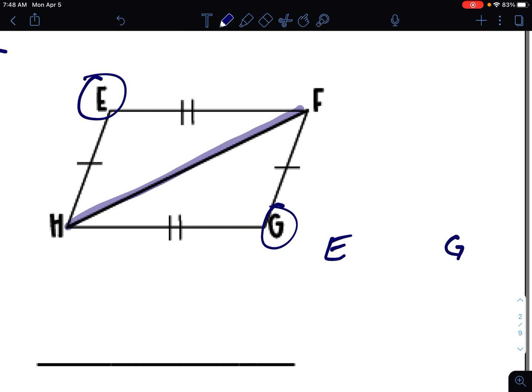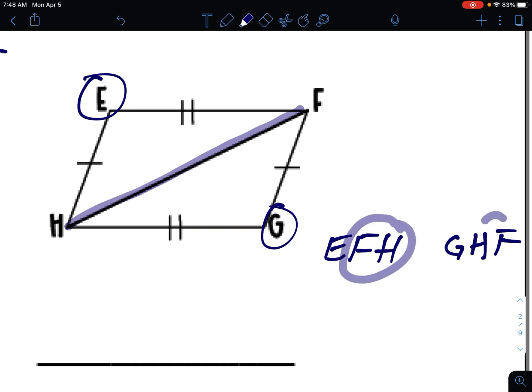Okay, that's easy to see. E and G go together. Okay? And then I'm going to go down the one with 2 tick marks. So E to F is the same as going G to H. Okay, E to F, same as G to H, and then this is going to be H, and this is going to be F.